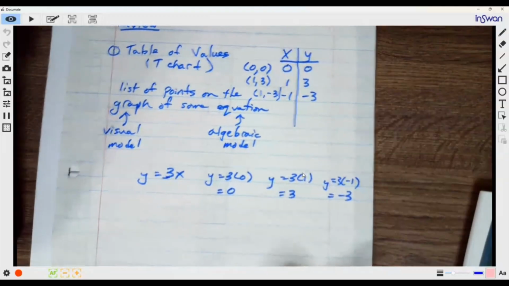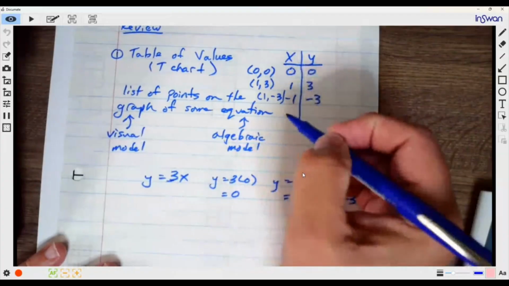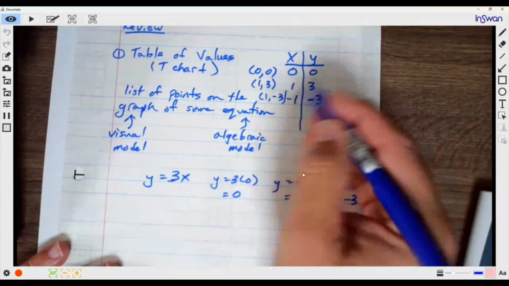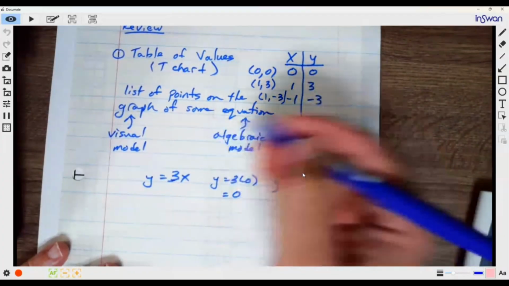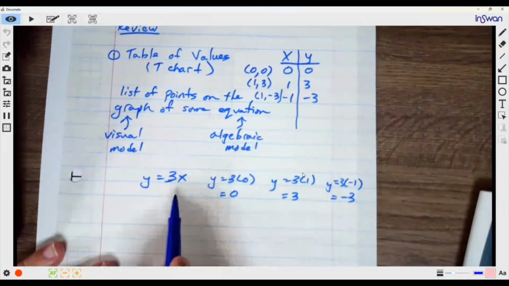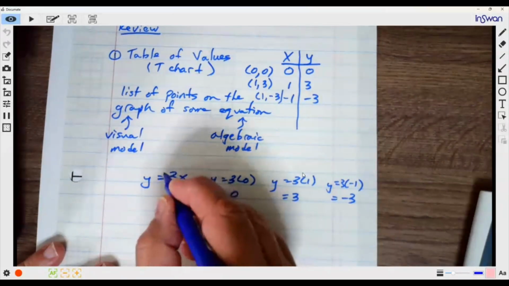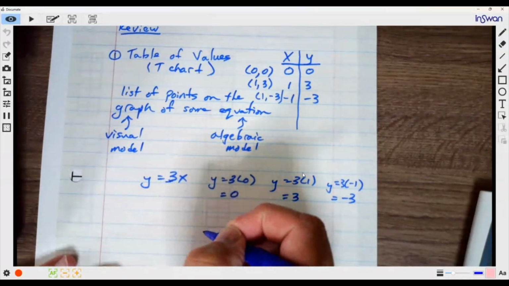Then we talked about, well, what if we need to use a fractional value for x? We said that we don't just randomly pick any fraction to plug in. We go back and look over here and see what fraction we can use that is going to give us something that's going to divide out.